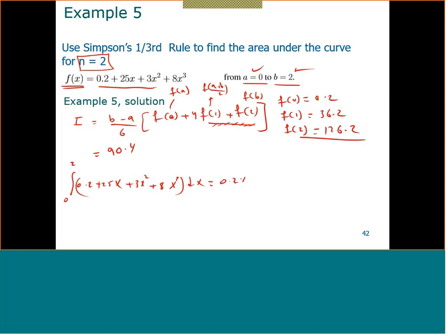So this is equal to 0.2x plus 25x squared divided by 2 plus 3x cubed divided by 3 plus 8x to the power 4 divided by 4, from 0 to 2. And surprise, surprise, when we find the answer, it is 90.4.